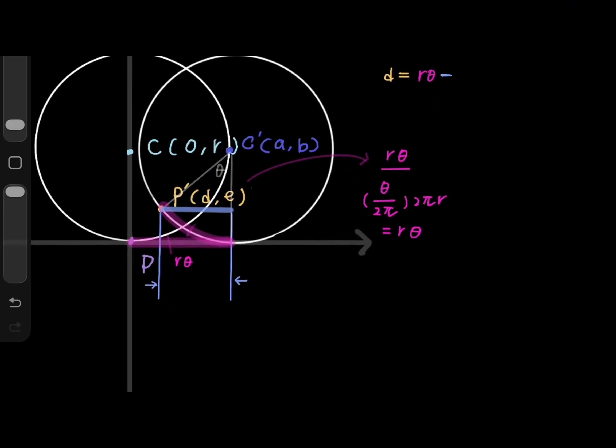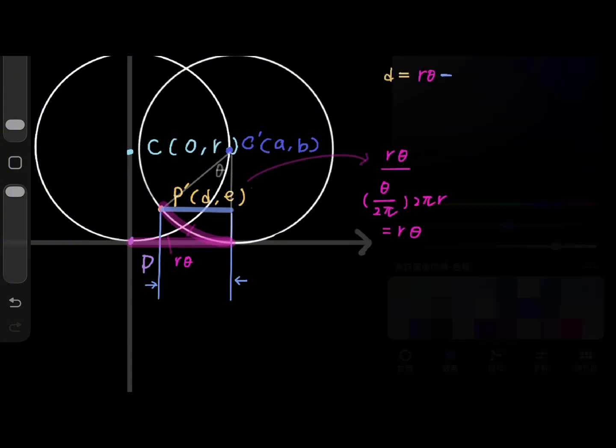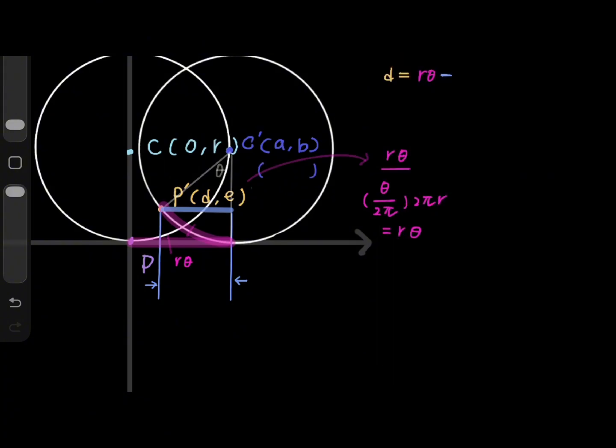So this part is very simple. As you can see here, your C prime, A and B, right, the A is actually R theta. And then B, what is B?